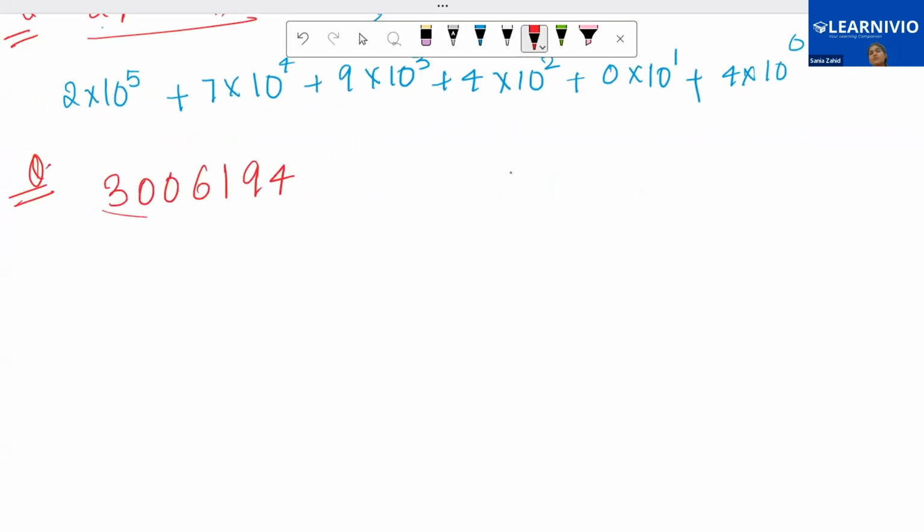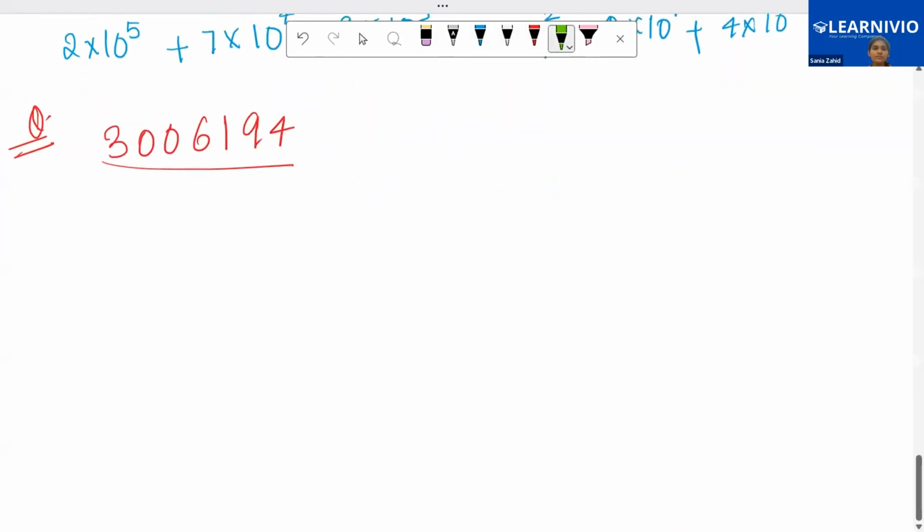3006194. Tell me the answer for this, Harmeen. 3 into 10 to the power 6, plus 0 into 10 to the power 5. See, the 0 term you can remove also. Remove the 0, don't write it.